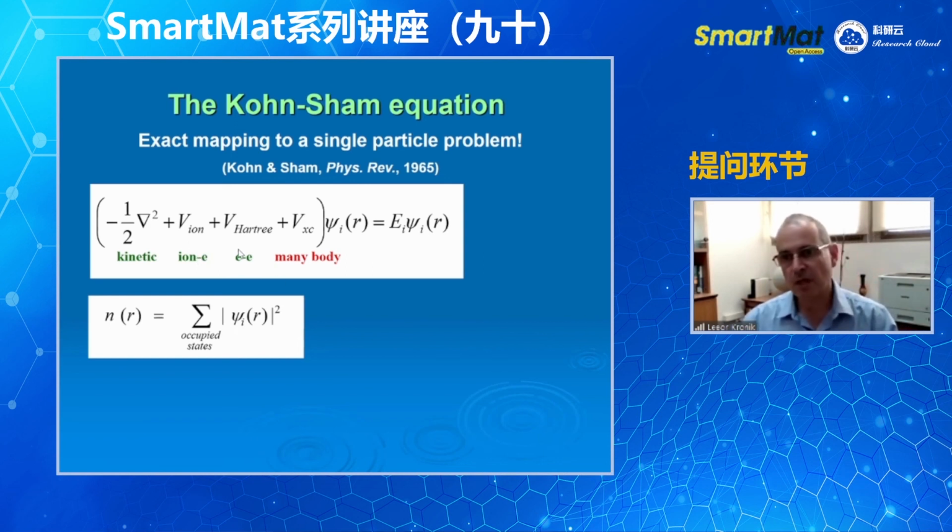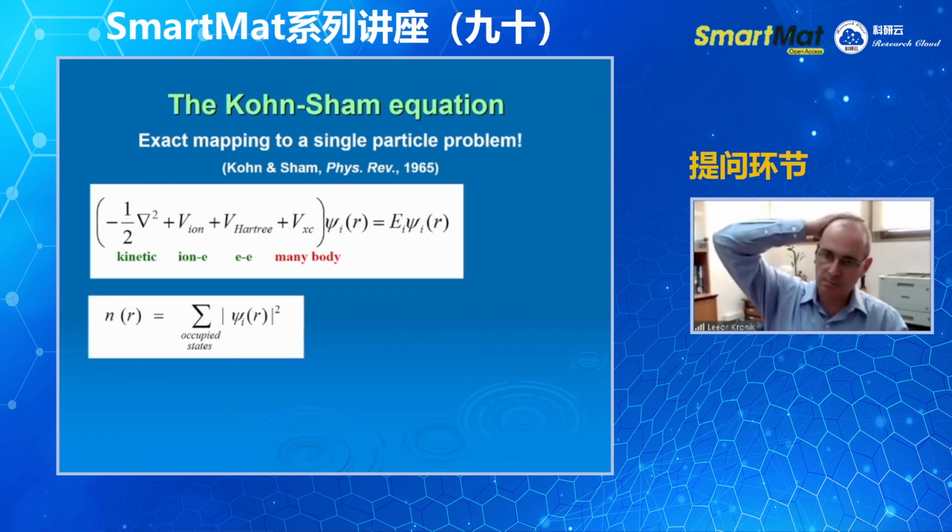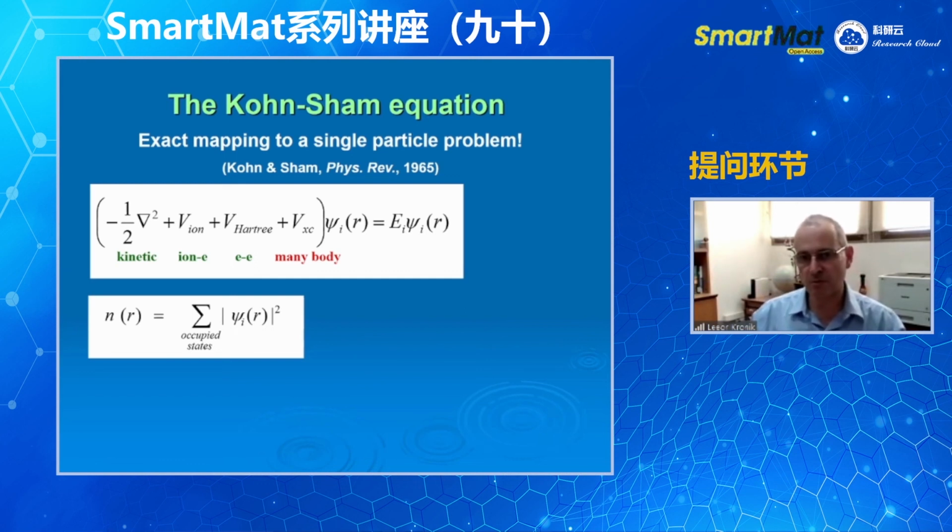Alternatively, I can say, well, I'm only interested in the linear response. What does that mean? I have some small oscillating electric field, which mimics the incoming photon, and I just want to see the response of the system to that. That I can do analytically, I can plug that into the equation.